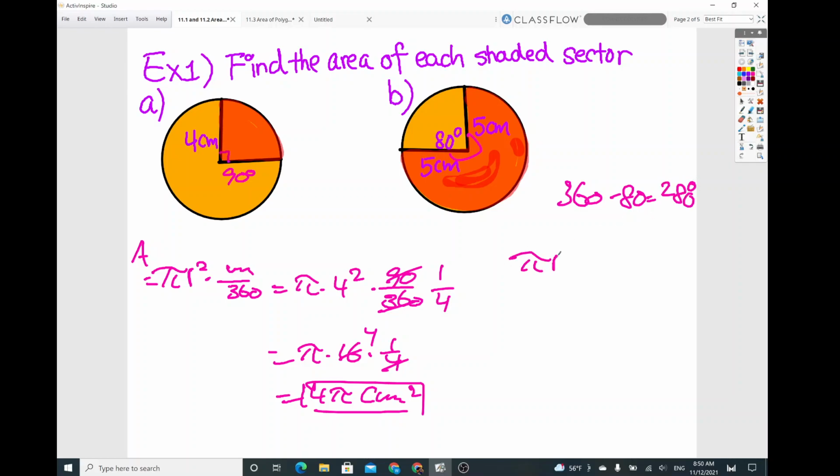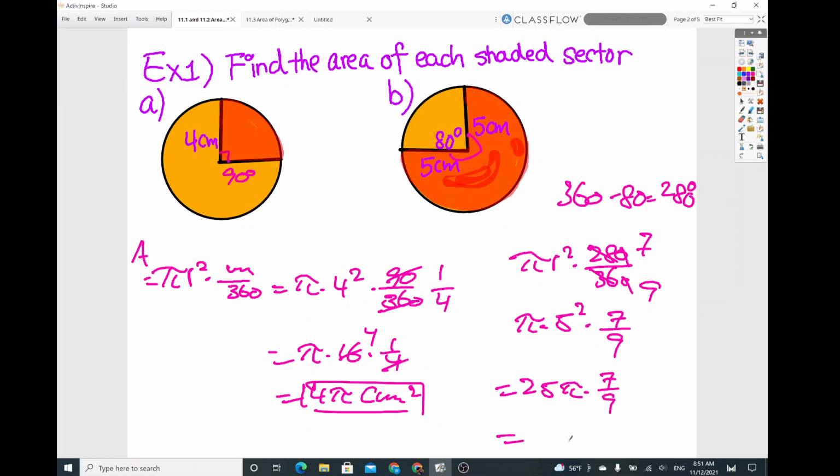So pi r squared times 280 over 360. So pi times 5 squared. For 280 over 360, the 0 can be reduced, 28 over 36. Let's divide by 4, so we got 7 over 9. So 25 pi times 7 over 9.